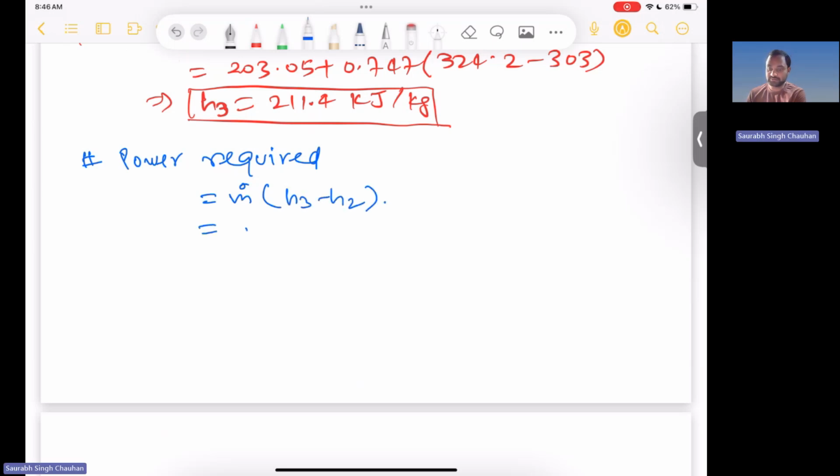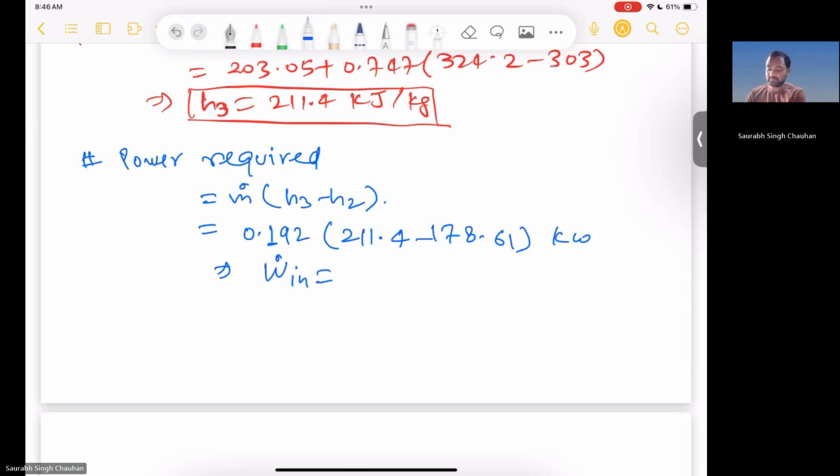And if you substitute the values, m dot we have got, H3 and H2 also we have, and if you just calculate, you will find out that the power required is 6.29 kilowatt.